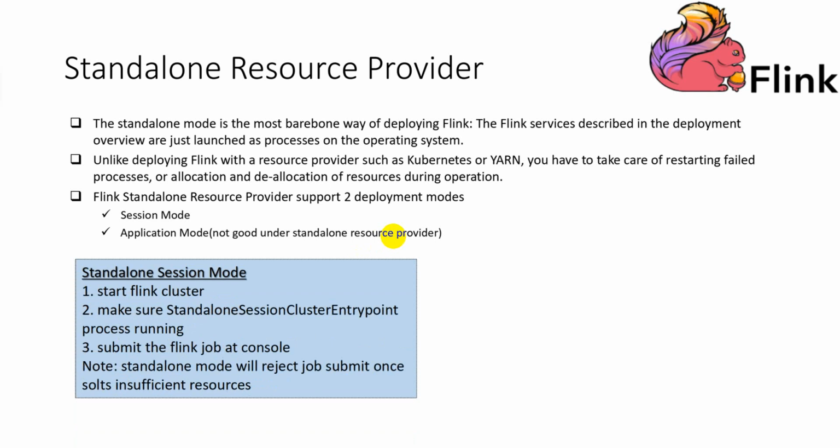Session mode assumes an already running cluster and uses the resources of that cluster to execute any submitted application. So, in order to deploy a Flink application by session mode on the standalone resource provider, we have to start the Flink standalone cluster in advance.